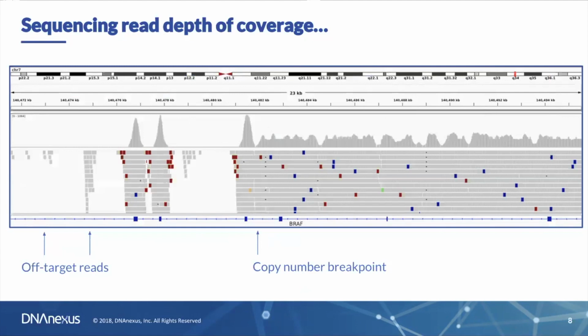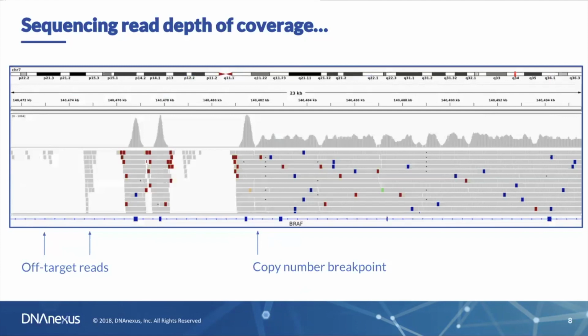But there's another feature here that's interesting, and I want to point it out. It's that even in these untargeted regions, not the captured introns, but the uncaptured introns, we see some reads aligning here. Now, it might be initially unclear whether those are just random noise in the data. Are they misaligned reads?